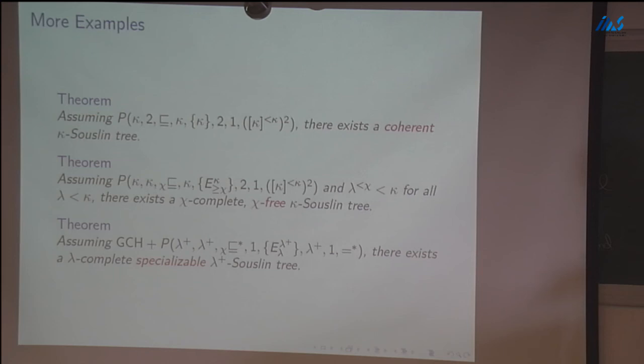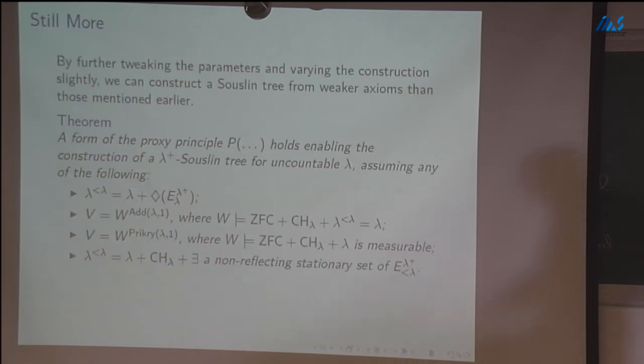All right, so now what? Turns out there's more, but what we're going to talk about here is, by tweaking the parameters and varying the construction slightly, and this answers Boaz's question from slightly earlier, we can construct a Souslin tree from slightly weaker axioms than the ones we mentioned before. The point here is there's a form of the proxy principle that is true with certain parameters that allows the construction of a Souslin tree for uncountable lambda, assuming any one of the following.